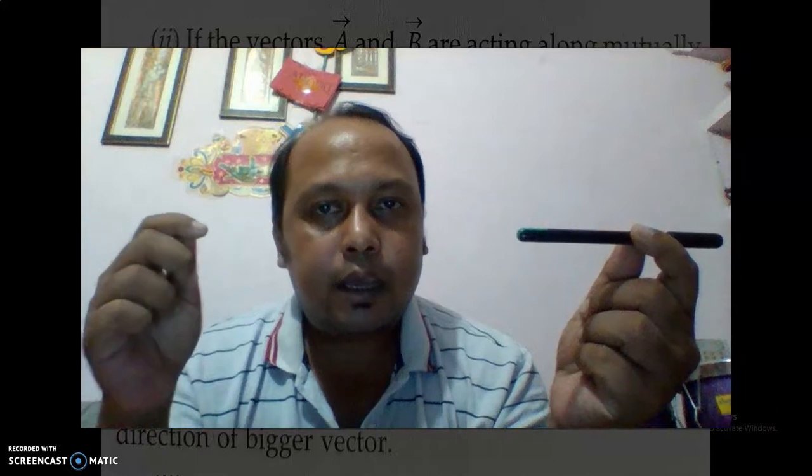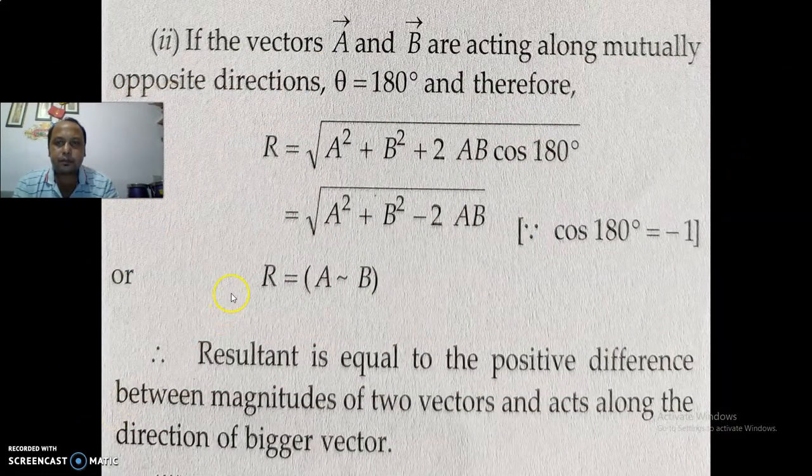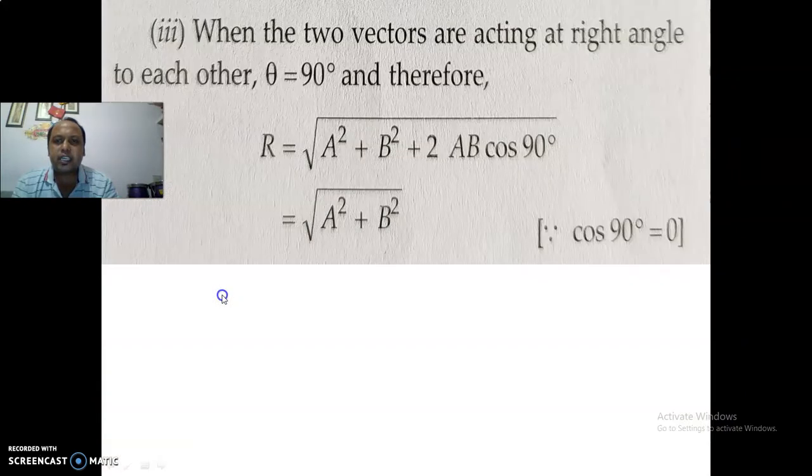So it is 2 Newton, and the resultant will be in this direction. So the pen will move in the direction of the higher magnitude vector. Is it clear? I suppose it is clear, but if there is any doubt, you can post me the doubts. Now we will discuss the third condition, where the angle between the two vectors is 90 degree.